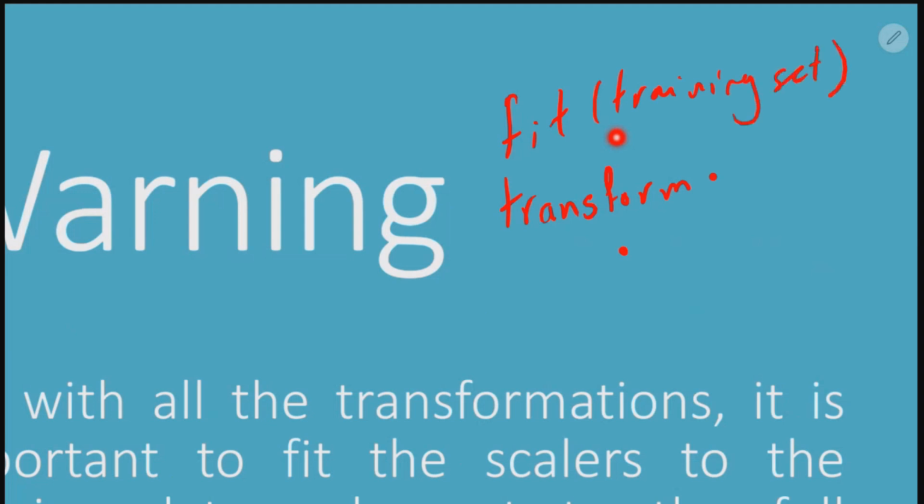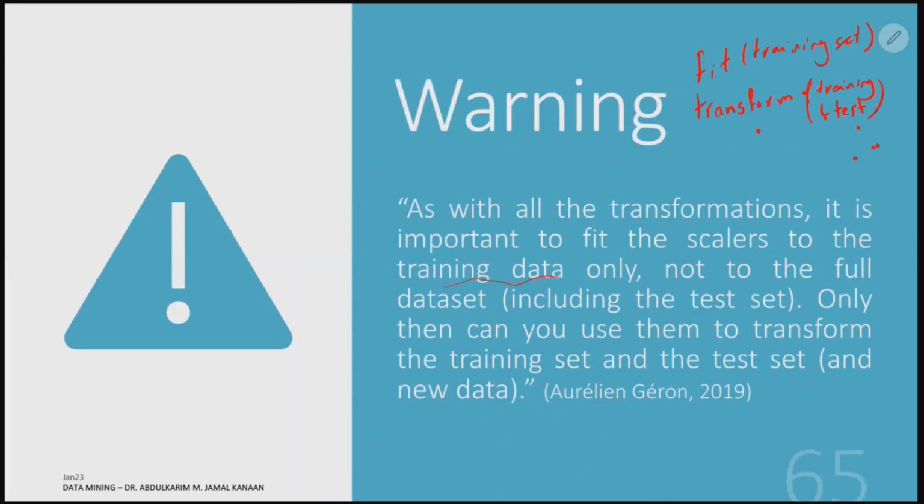While for transform, you apply it on both the training and test set. So fit only on the training set. Don't make the mistake of fitting your scaler on the test set. The training set is meant to be used for fitting your transformer.